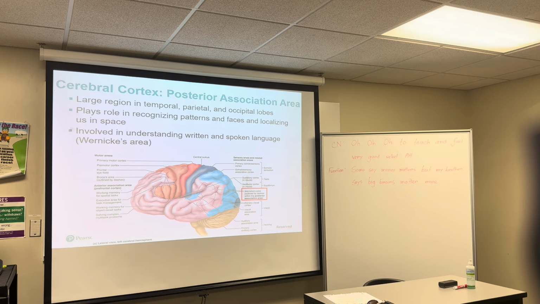Which area of your brain is associated with speech? Broca's area is associated with speech. There is another area called Wernicke's area, which is associated with written and spoken language.